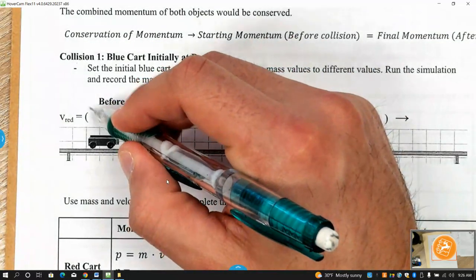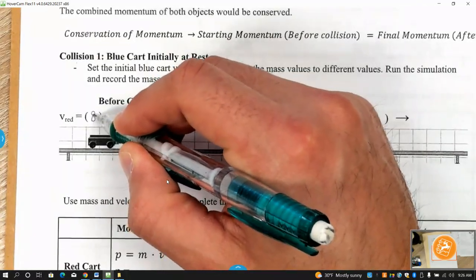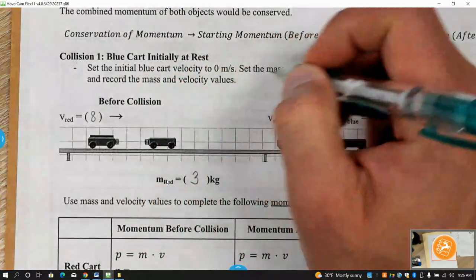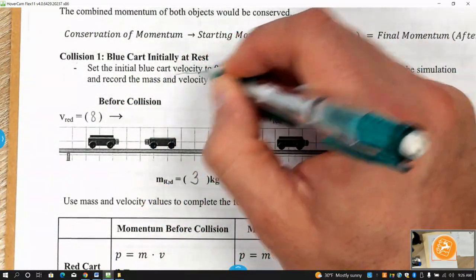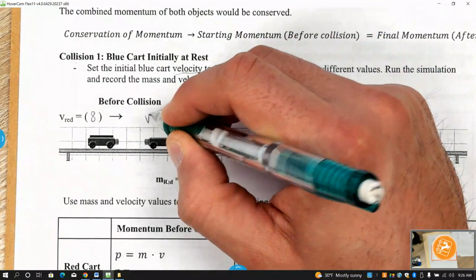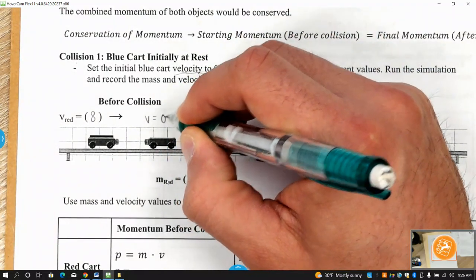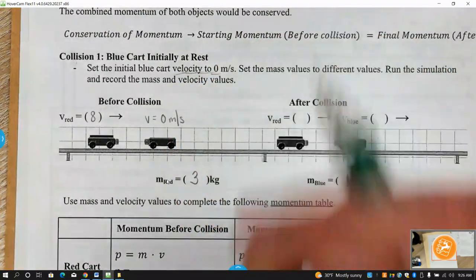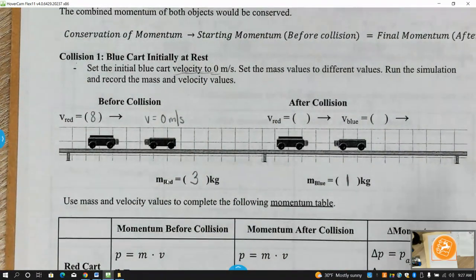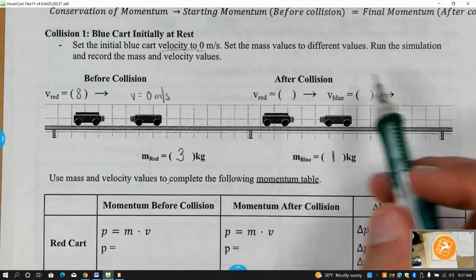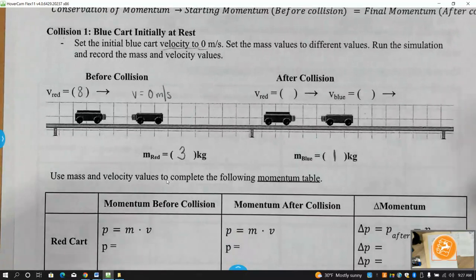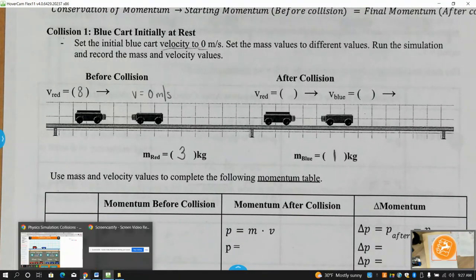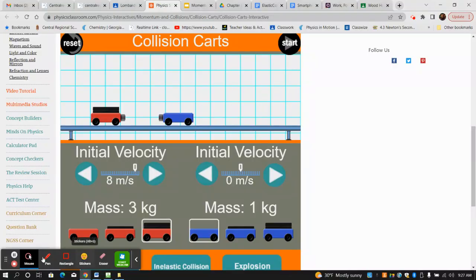The velocity of the red car is a positive 8, and they told us the blue car has to have a velocity of 0, so this thing's velocity is 0. Now, the after-collision stuff, we don't know. We have to wait until we run the simulation.